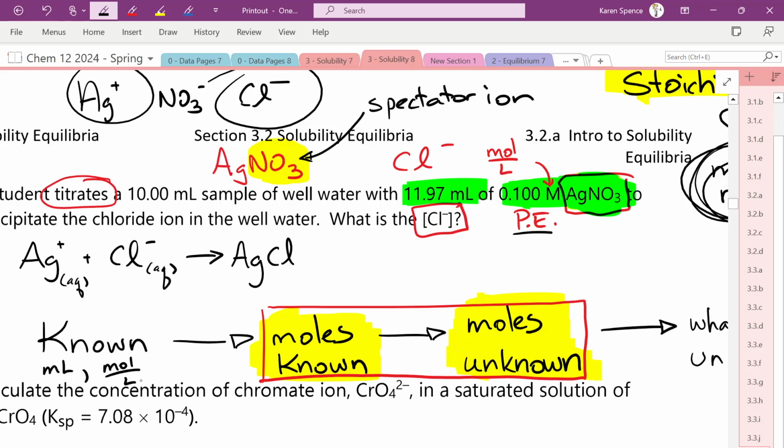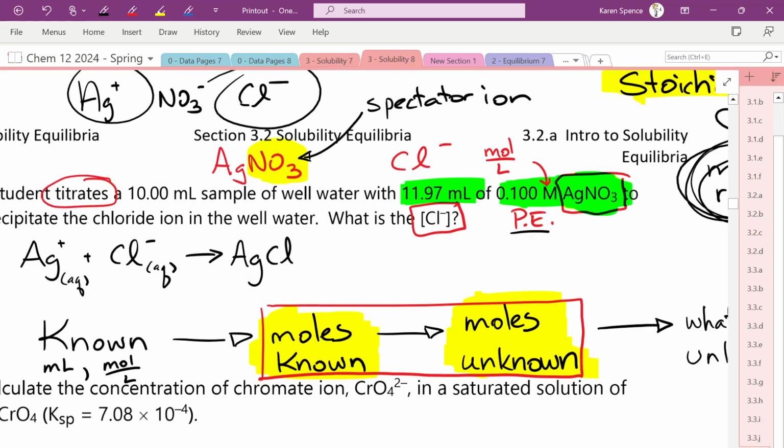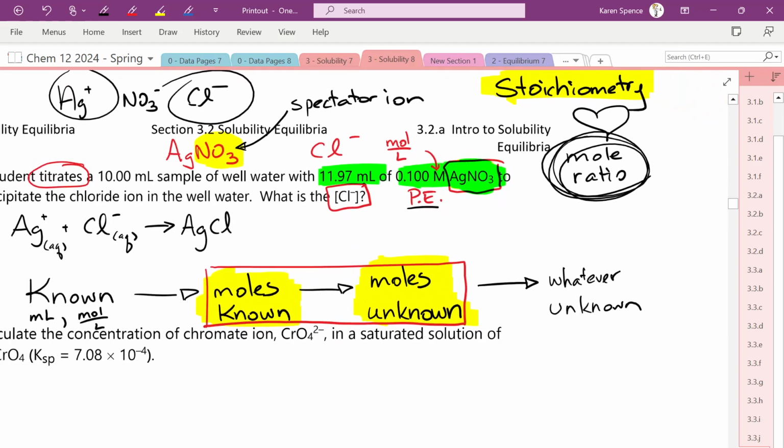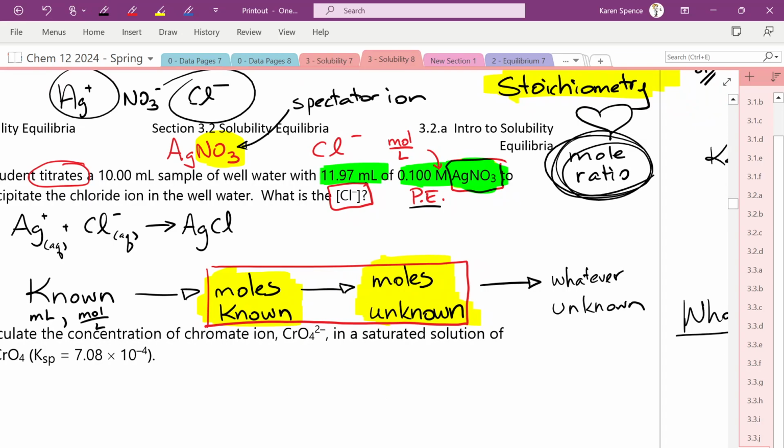Yes, that's why it's your known substance, because you have enough information to find the moles. Please do that. Find the moles of AgNO3. We will use the 10 milliliters. It's the well water. It's the unknown.